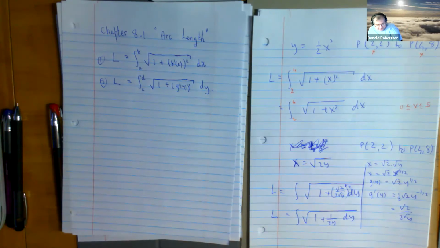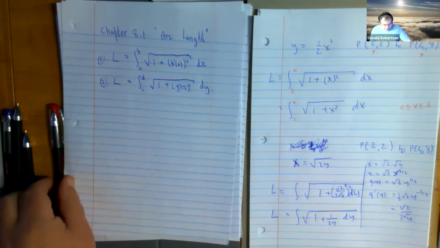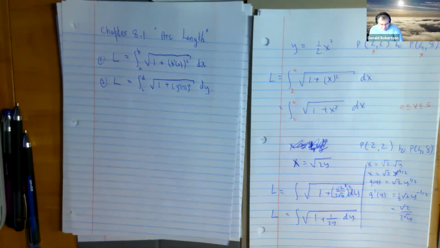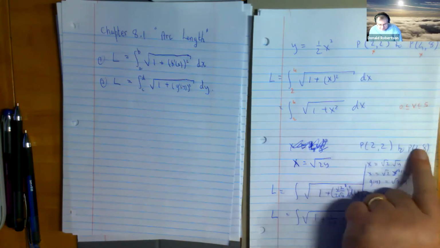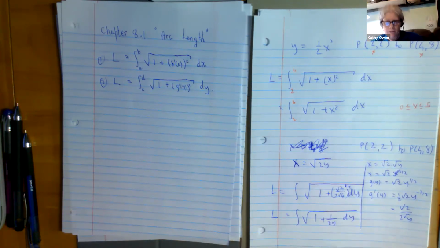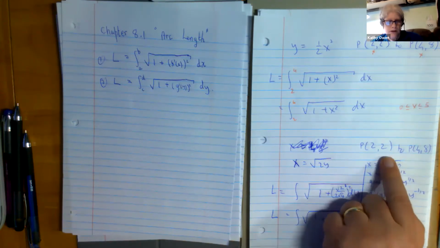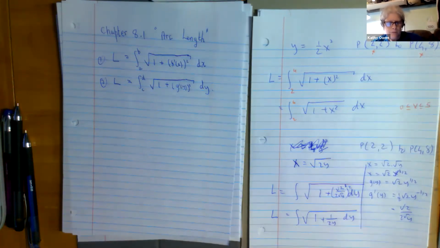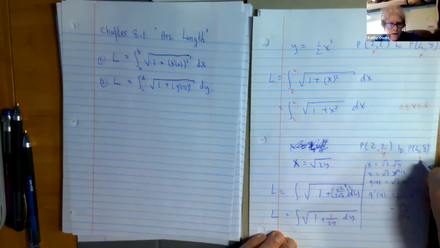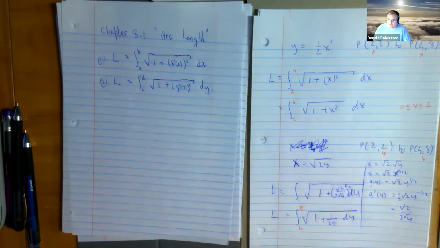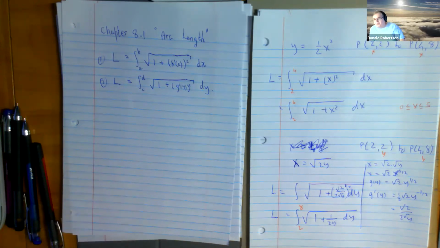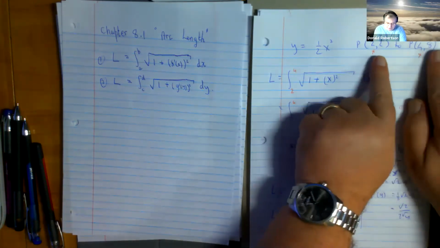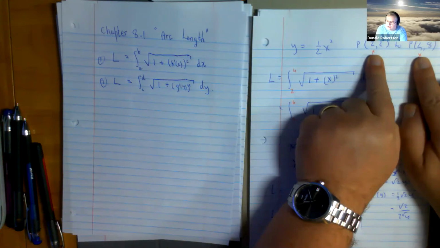What would the start and finish value be this time? Would it be 2 and 4, or would it be 2 and 8? Going from this point to this point, but using y's. 2 and 8. So if you've got 2 points and you're going from one point to the next, if it's x's, don't you get the start and finish from the x coordinates?